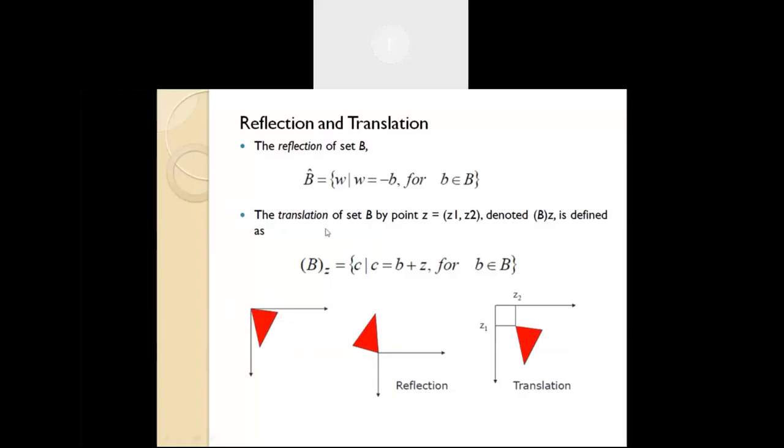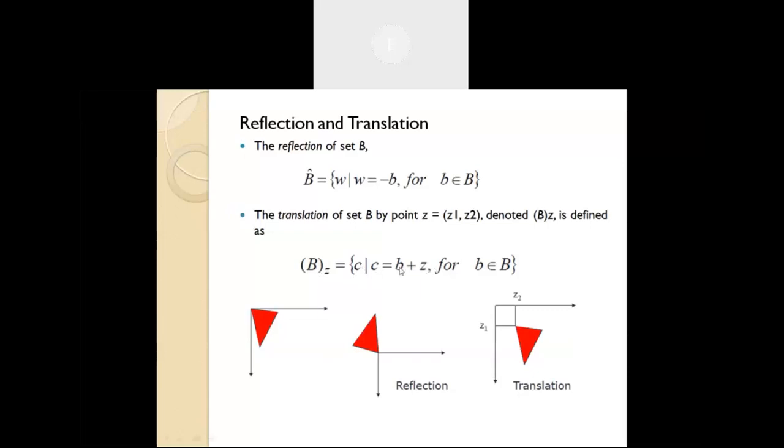Similarly, the operation translation can be defined such that we are translating by z, where z is equal to z1 comma z2. The translated version of B will have all the elements C such that C is equal to B plus z.